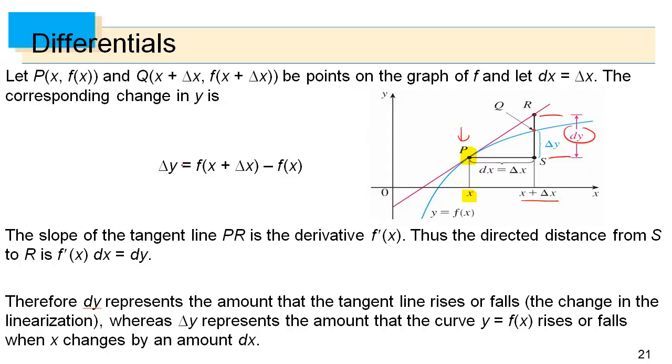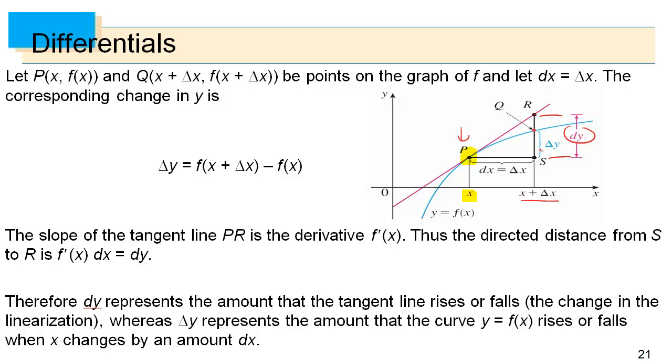And we can see that this change in y, this little blue delta y, is equal to the function evaluated at the new value x plus delta x. So if we go over here to x plus delta x, we evaluate it here, we get this height of the red dot, and then we subtract the original height of P from it, and that's that change in height.